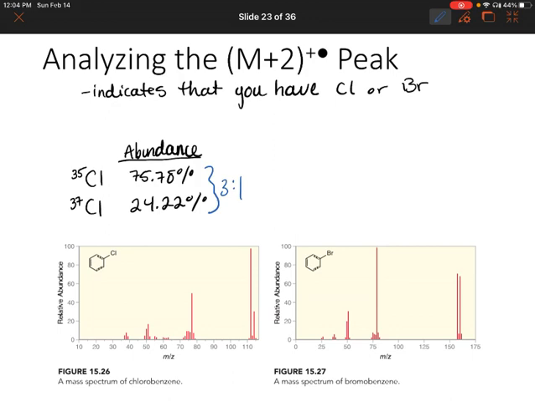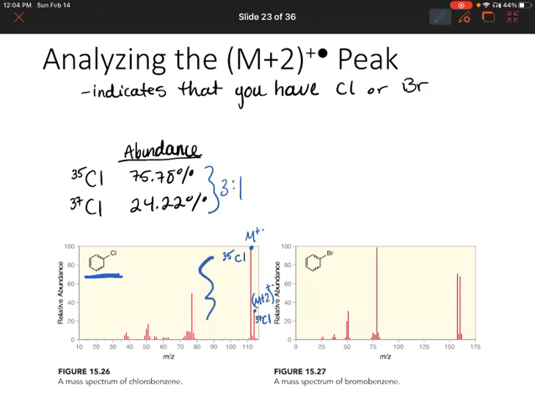So let's look at figure 15.26 below, and you can see our compound has a chlorine in it. Now, if we go to the rightmost cluster of peaks, we see our parent peak, and that is due to chlorine 35. And then we also see an M+2 peak, and that is due to chlorine 37.